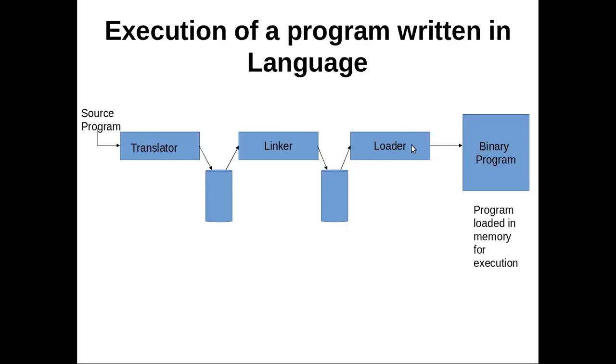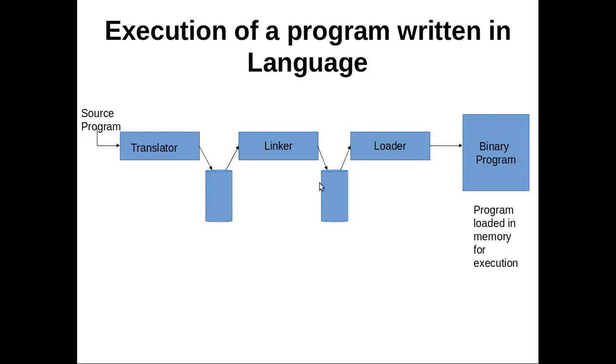To start the execution, the loader will transfer the control to the first line of the program. So these are the steps involved in the execution of a program written in a language. First, the source program will be given to the assembler. Assembler will convert the source program into machine language format. If the main program wants to link with the subprograms, it will be given to the linker.